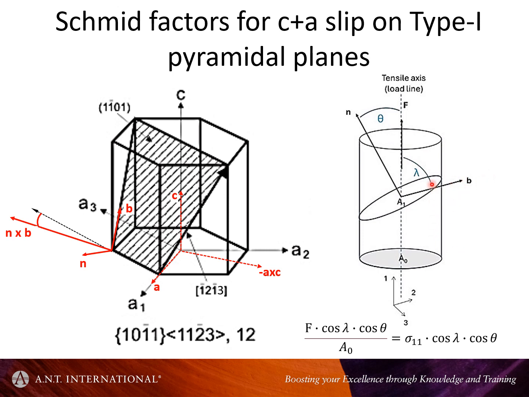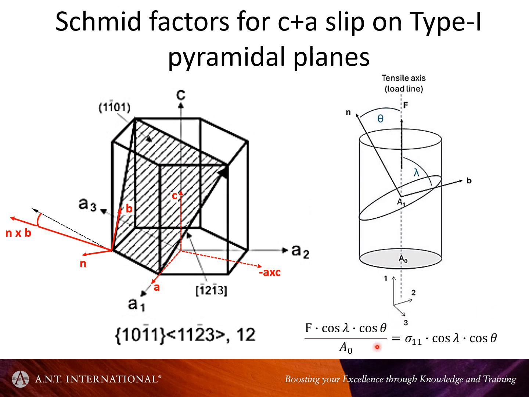Because this plane has a larger area than the normal to a tensile axis, for instance, the force is dispersed over a larger area, which reduces the force on this slip plane, and one has to resolve that force also into the Burgers vector. Therefore you end up with two factors which determine what the shear stress is on the plane of interest.